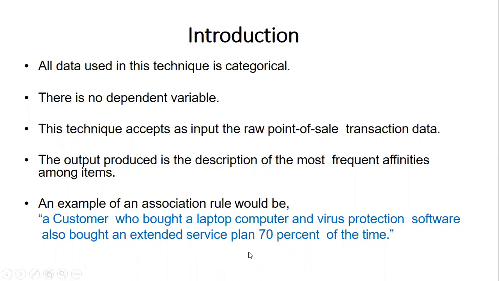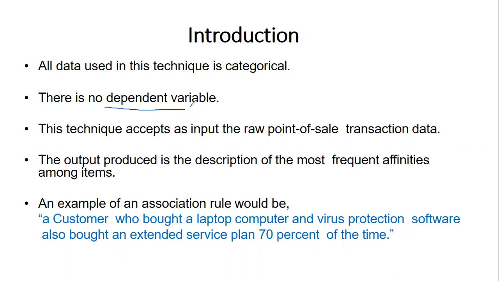When I say dependent variable, as we saw in classification and regression, we had training data and test data. Training data had a target variable, which is also called the dependent variable. So we used to train the model using the training data, then check the accuracy of the model using test data.